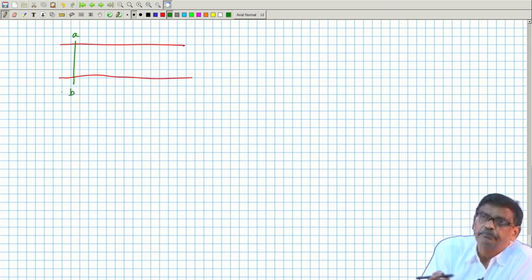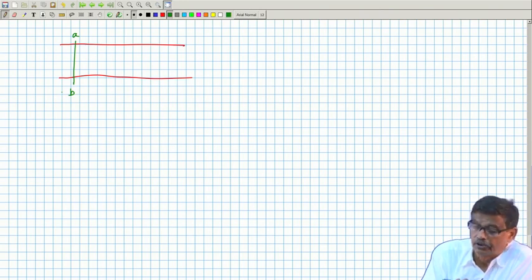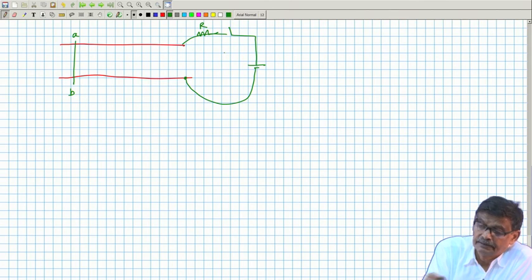I will reframe the problem and leave it to you to solve. Here is your switch, here is the resistance R, and there is some battery you will connect to the track, and S I will close at t equal to 0.